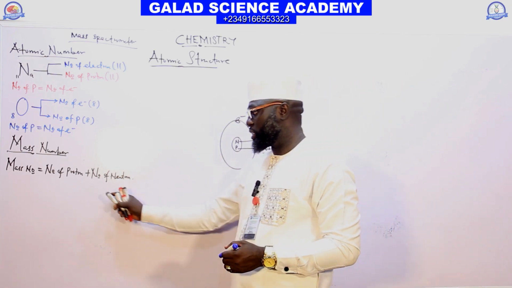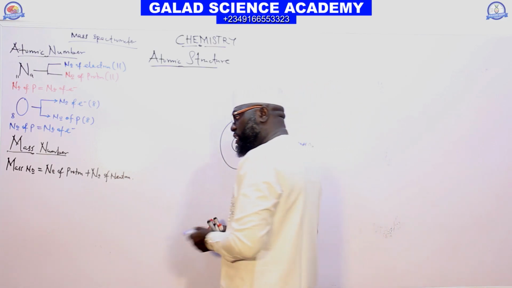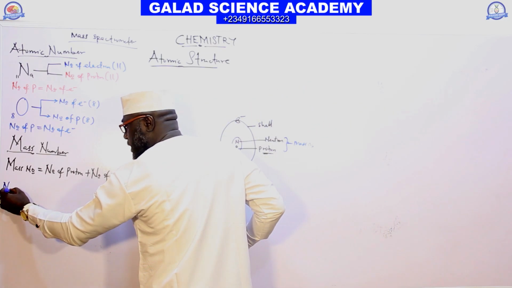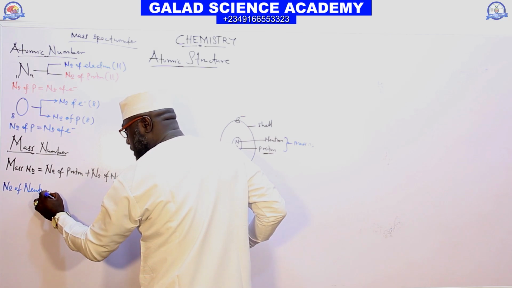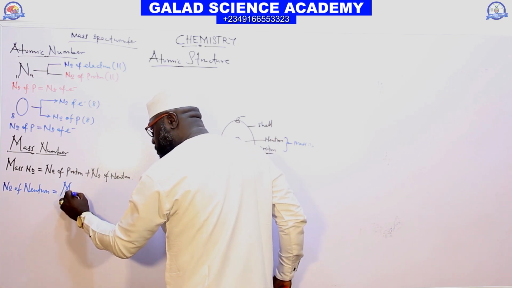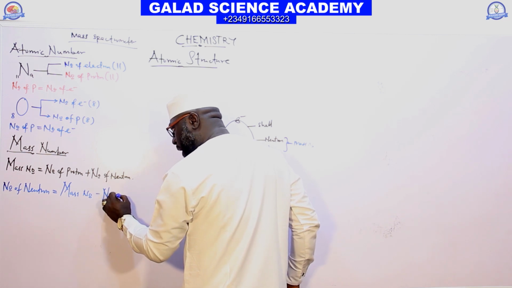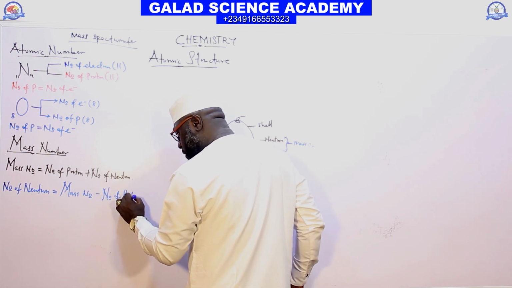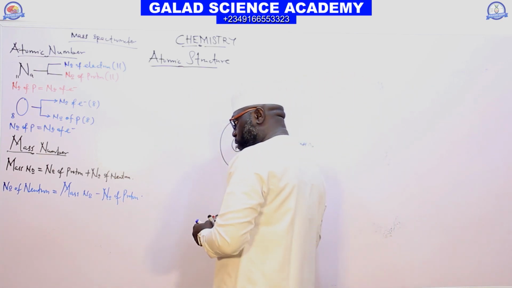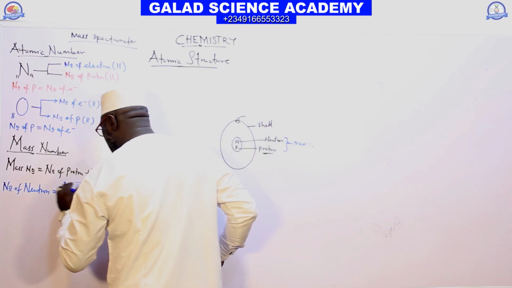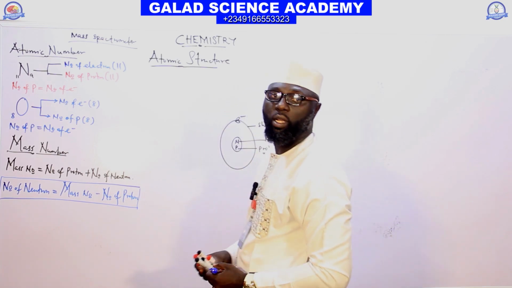From this expression, if we are looking for the number of neutrons, the number of neutrons will be equal to the mass number minus the number of protons. So this is the formula used to find the neutron number.